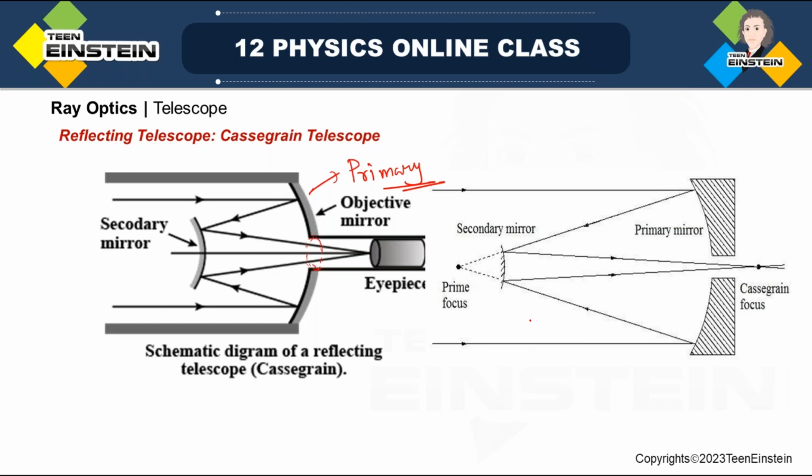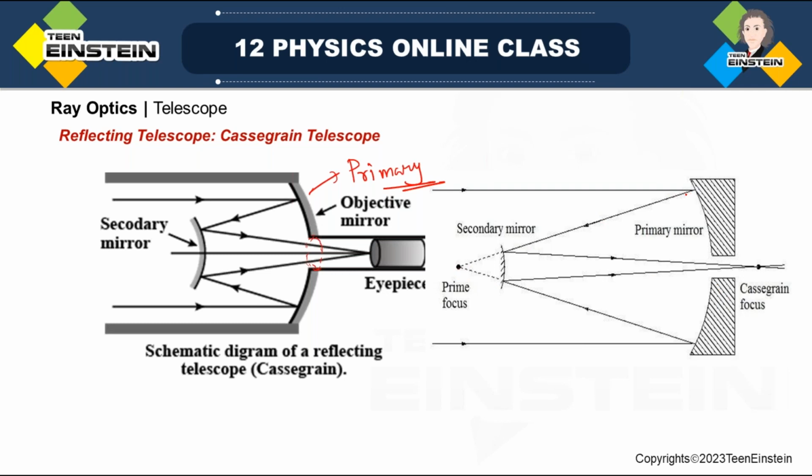See, this is the schematic one, another one. Just to show the complete figure, after reflection, this is the primary focus, or prime focus, the focus of the primary objective mirror.